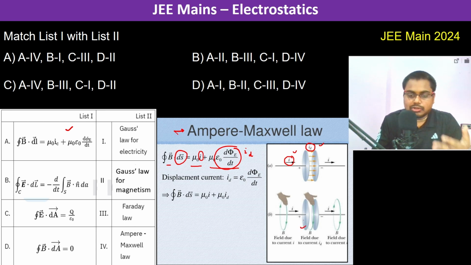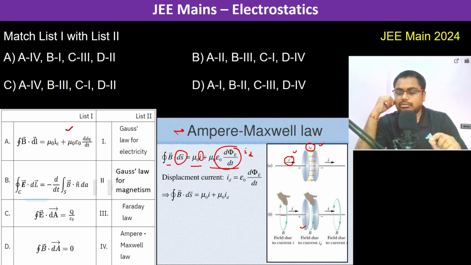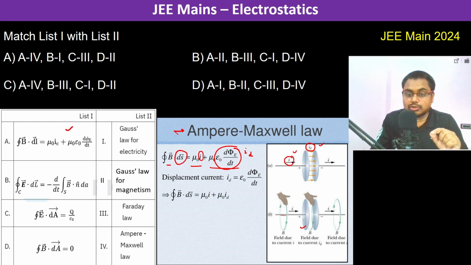Now what happens is that this wire is having a magnetic field around it, mu naught I by 2 pi r. This magnetic field is going to be continuous.